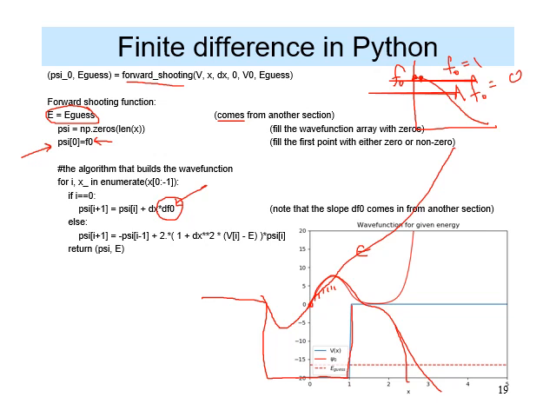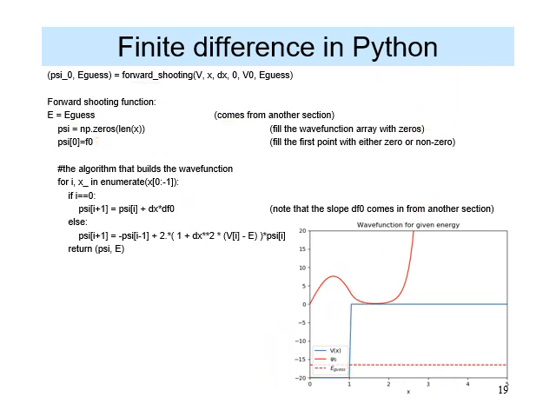So now let me erase my slide stuff here so that we can come back to this particular solution. So for a particular guess, I put the guess in. The program went ahead and calculated the wave function that would result from that energy.